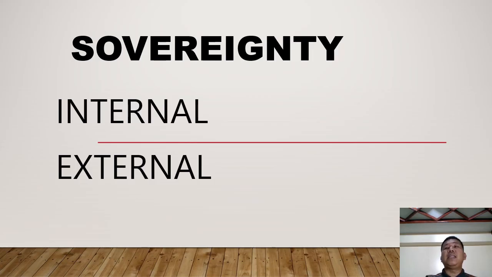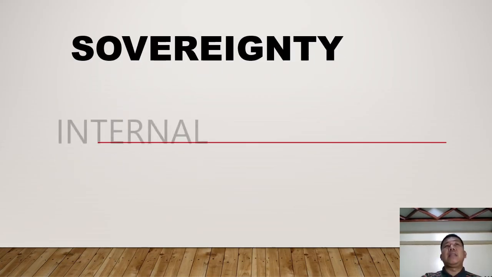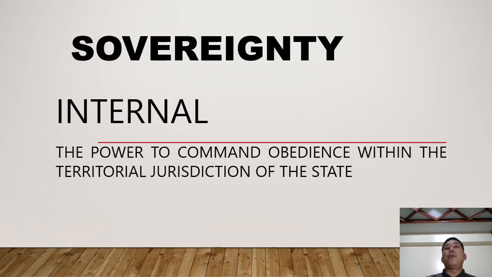Internal sovereignty means the power to command obedience within the territorial jurisdiction of the state. Inside the Republic of the Philippines, for example, we have the implementation of laws within the territorial jurisdiction of the Philippines, and that is what we call internal sovereignty.